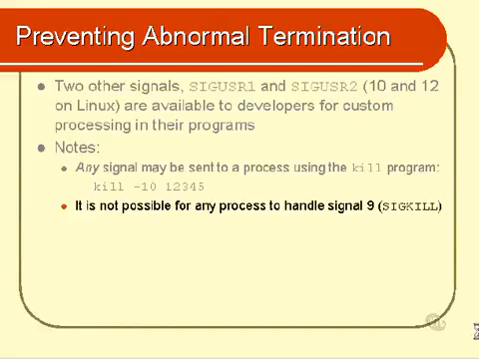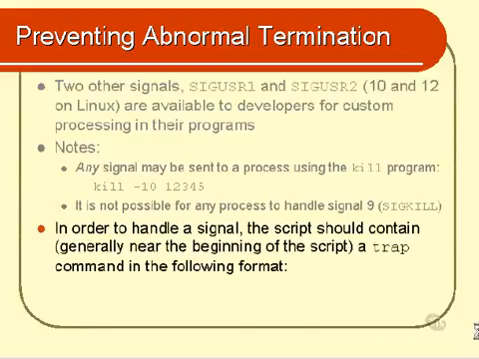So now we get to the point where I actually tell you how to handle these signals. And here it is. We use the trap command, which is an actual shell built-in command. You typically put it at the beginning of the script rather than halfway through, because the handling of the signal will not take effect until the trap command has been run, and it looks like this.